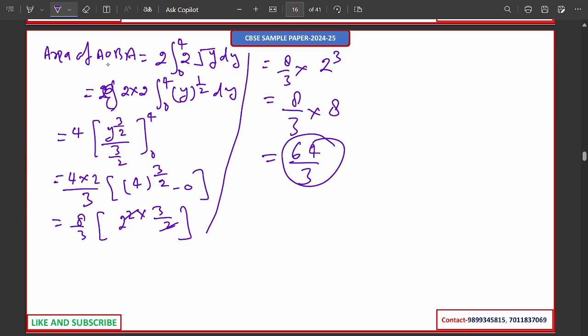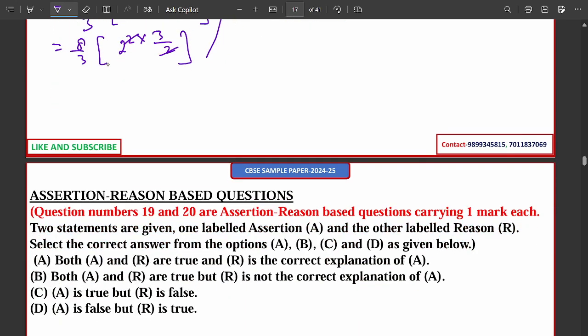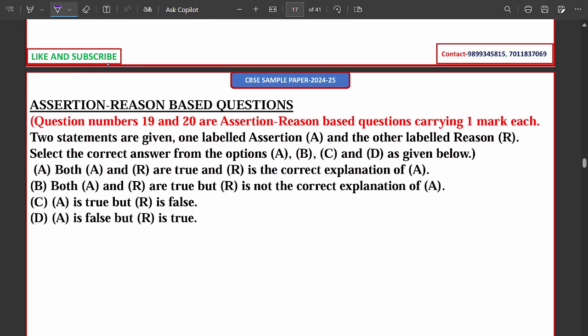Now let us understand the next question, which is an assertion and reasoning based question. Two statements are given, one labelled assertion and the other labelled reasoning, and select the correct answer from the options A, B, C, D given below.